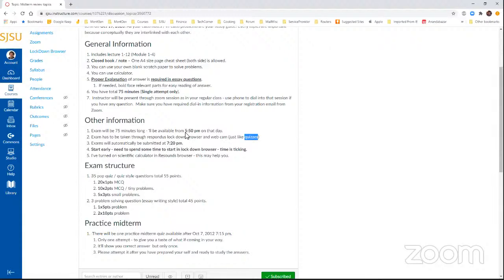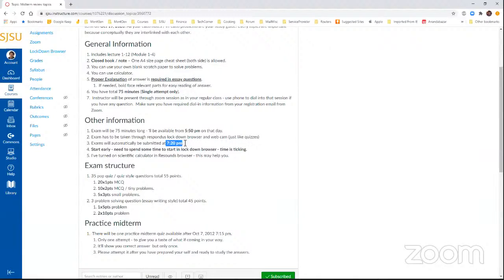You will not get the entire time from 5:50 to 7:20. The buffer, 10 minutes early and 5 minutes late, is in case you have some technical problem, maybe a 2-minute or 5-minute delay. But I would say start early, at 5:50 p.m., so that you make sure you get all 75 minutes you need.